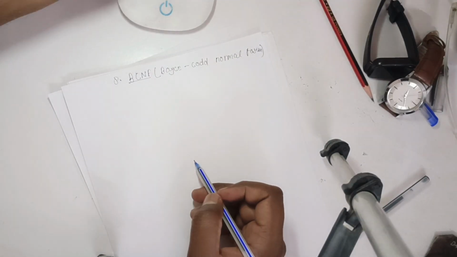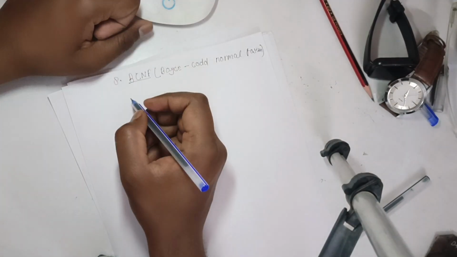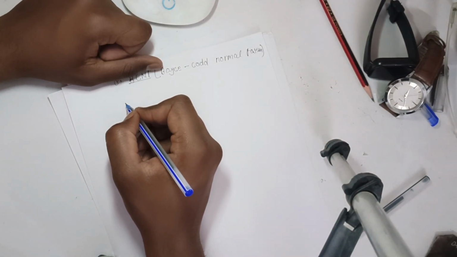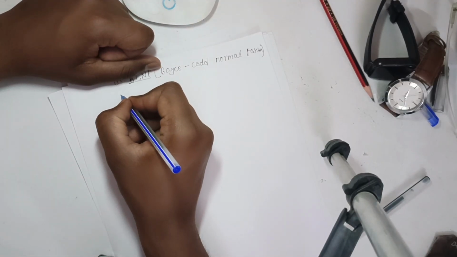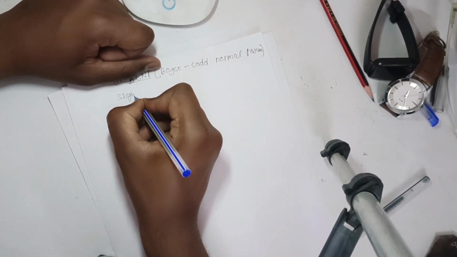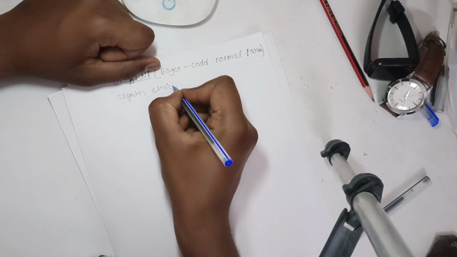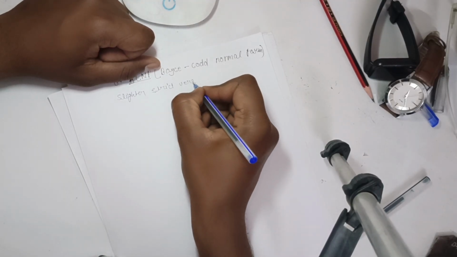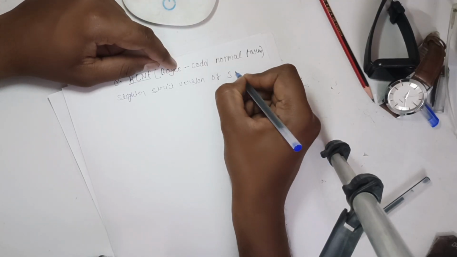So what is Boyce-Codd normal form? It is nothing but a slightly stricter version of third normal form.